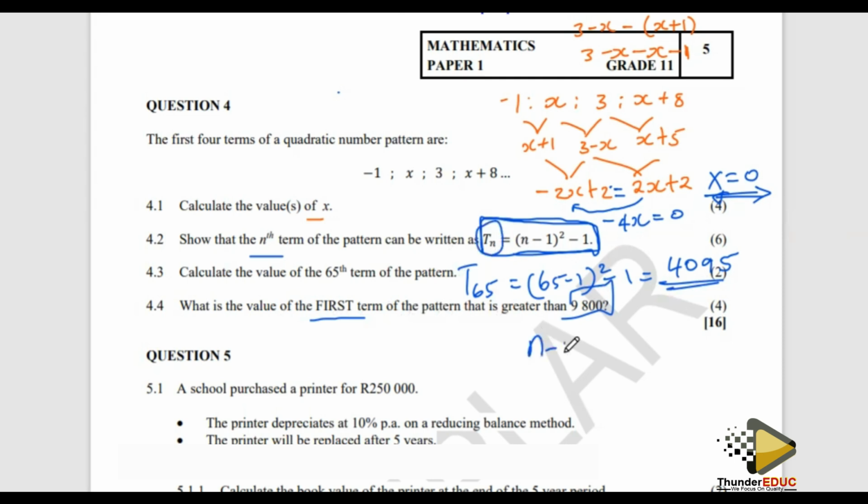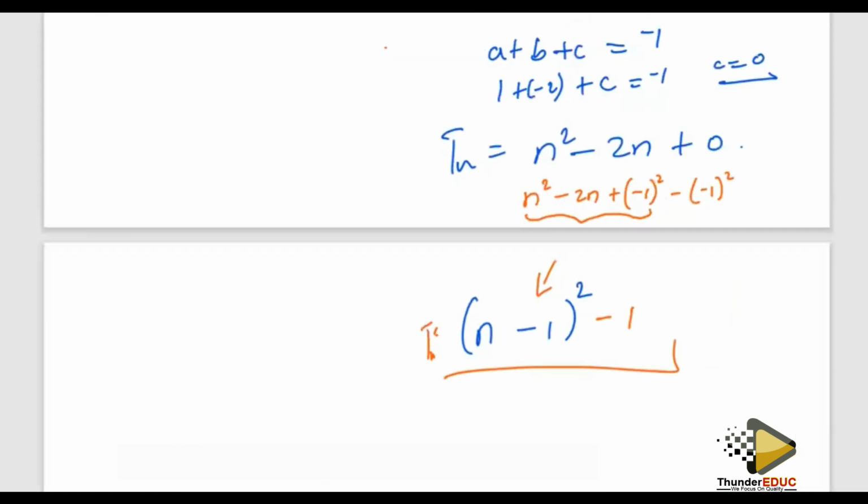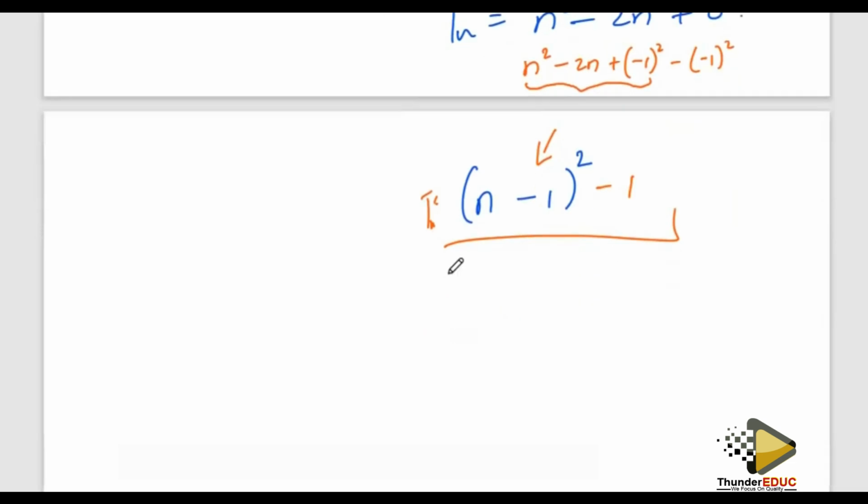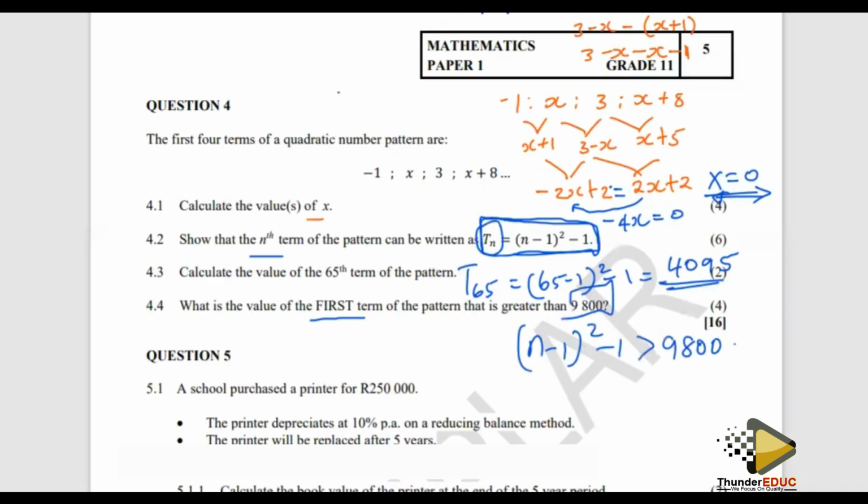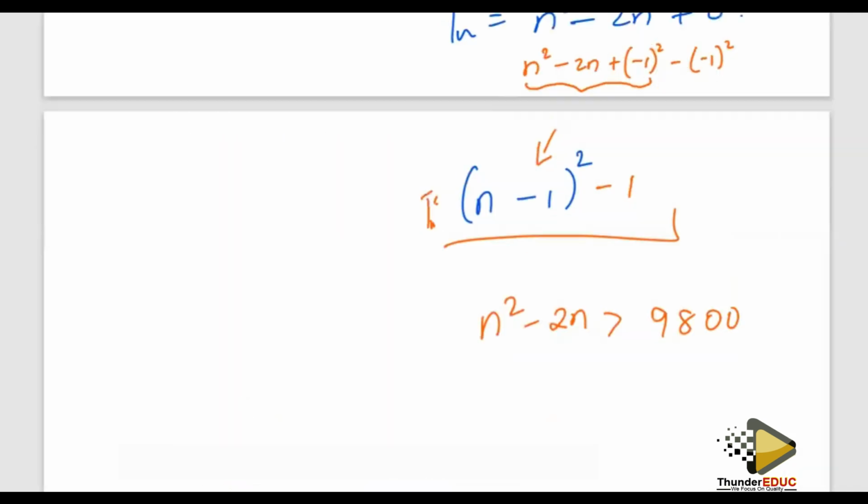So I have n minus 1 squared minus 1 is greater than 9,800. I can move it that side and then find square roots everywhere. Let me just use that other format. The n squared minus 2n is greater than 9,800. Is that true? Yes.